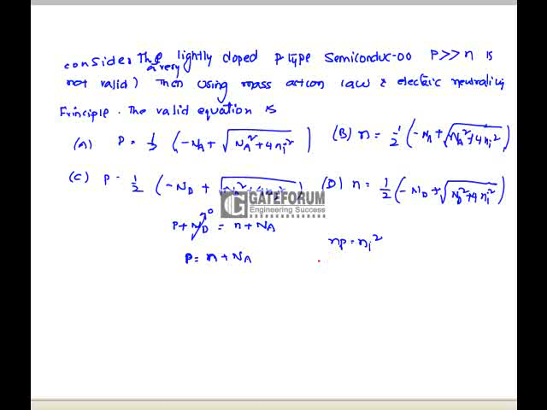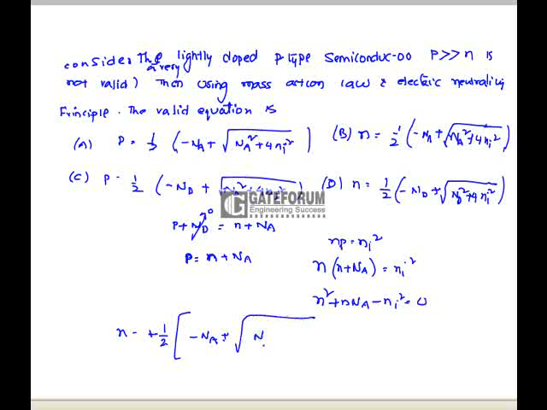So we replace P with N plus Na: N(N + Na) = Ni², that is N² + N·Na - Ni² = 0. If we solve this quadratic equation, we will get N as 1/2 × (-Na plus or minus the square root of Na² + 4Ni²), which is option B.